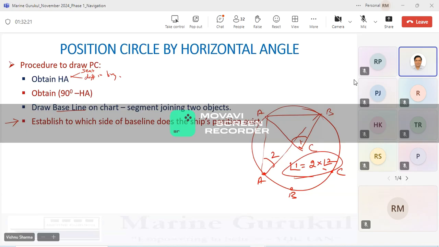So it is very, very important to establish on which side of the baseline on the chart your ship's position lies, and that becomes an important point for the further steps.